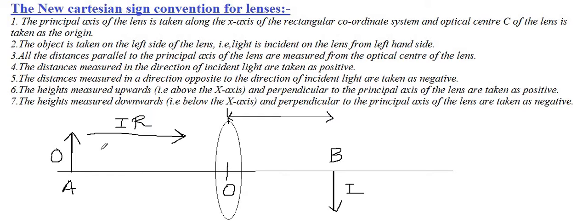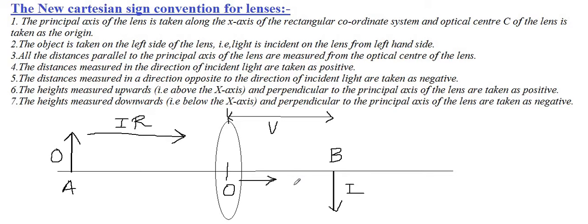Suppose the image for this object is formed at point B. Suppose this is the image for this object O, and now we have to measure this distance OB. Now for measuring distance OB, we have to move from optical center to point B. Now the direction is along the incident ray.